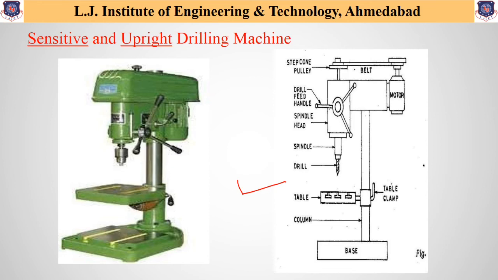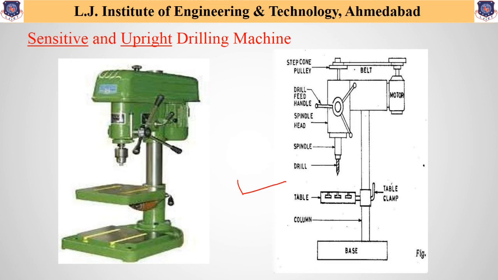So for both these machines, this similar figure can be used, but the explanation may differ by certain points, such as the sensitive drilling machine is useful for light workpieces, whereas the upright drilling machine is suitable for medium sized workpieces. So this is the basic difference between sensitive and upright drilling machines, and also we have discussed the different parts that are available in them.